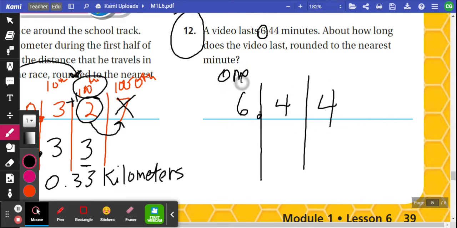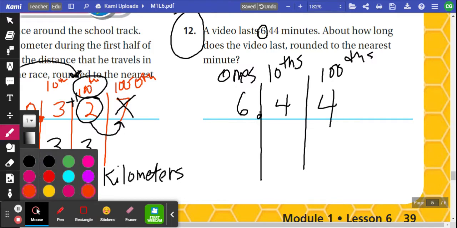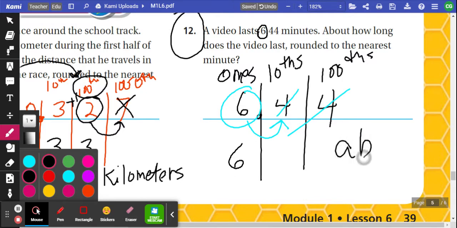So this is the ones place, tenths, and hundredths. It says to the nearest minute, so it's going to be in the ones place value. I'm going to go ahead and circle, move over. 4 is less than 5, so this number gets to stay the same. I am done here, and now I get to bring down my 6. So there you go. So the answer is going to be about 6 minutes. All right, now let's go on to the next one.